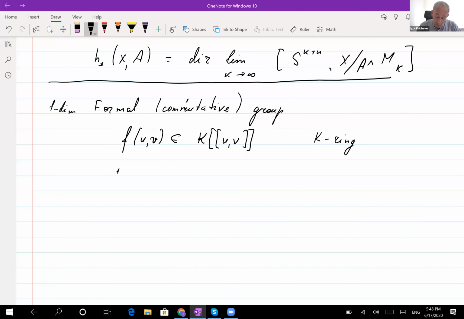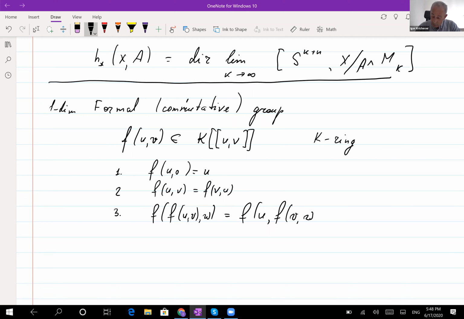First, F(U,0) equals U. Second, it is commutative, F(U,V) equals F(V,U). And the third property is associativity of this addition law. So F(F(U,V),W) is F(U,F(V,W)).